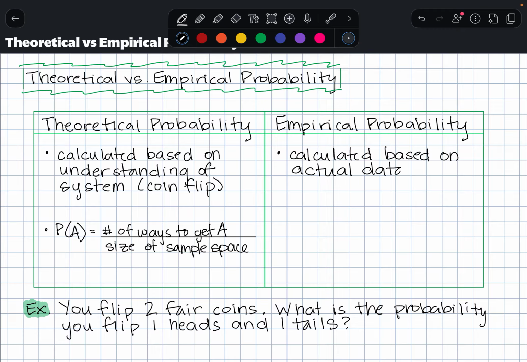In this case, we go out and we collect data from a sample of people, or we repeat an experiment over and over and over again, and we count the number of each type of possible outcome, and we build a frequency table, and then we use that frequency table to calculate our empirical probability. So the first thing is the actual data should be in the form of a frequency table.